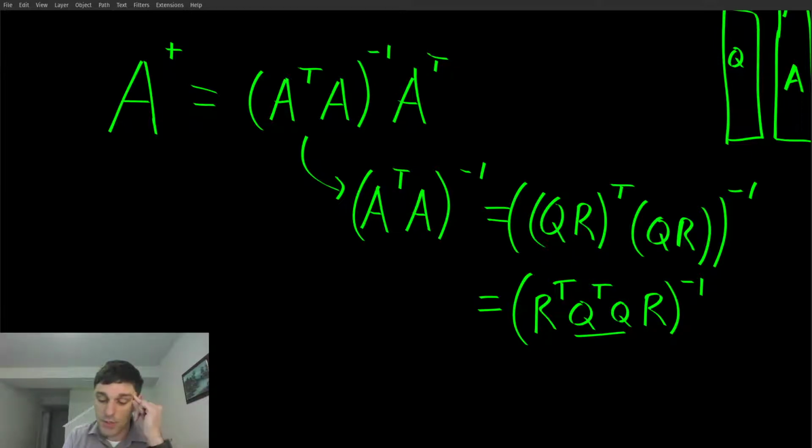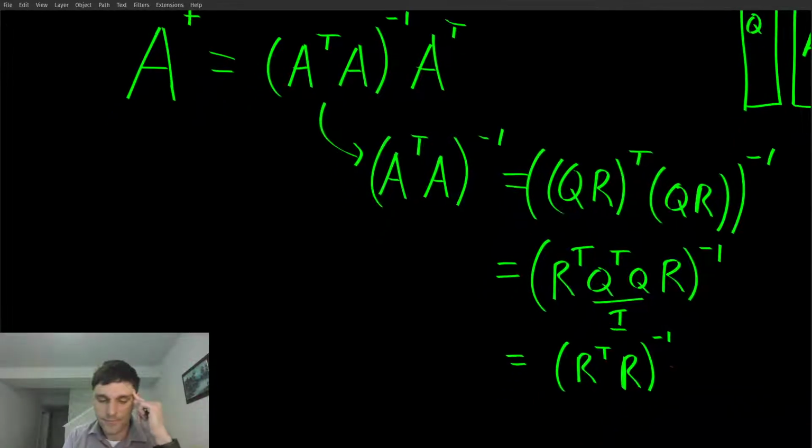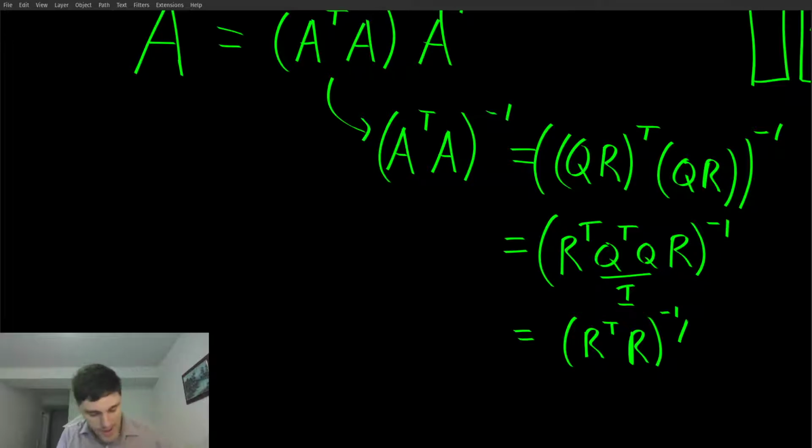And Q transpose Q, that's I. So this is equal to R transpose R inverse, like that.